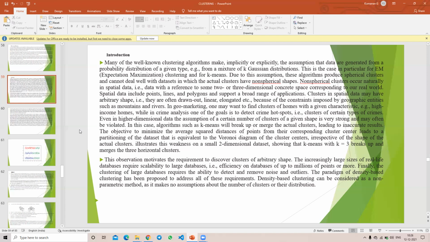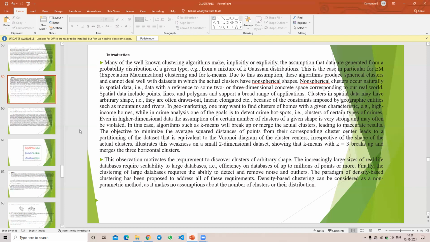Clusters in spatial data may have arbitrary shape, that is, they are often drawn out, linear, elongated, etc., because of the constraints imposed by geographic entities such as mountains and rivers.